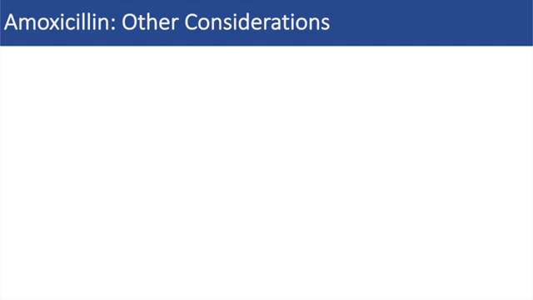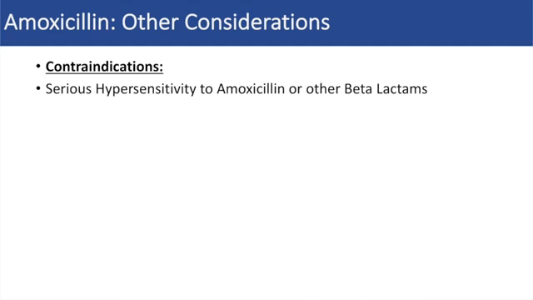So if we have determined that a bacteria is sensitive to amoxicillin, are there any reasons why we wouldn't use amoxicillin? What are some of the contraindications of amoxicillin use? Well, one of the main reasons we wouldn't use amoxicillin is that the patient has exhibited a previous history of a serious hypersensitivity to amoxicillin or other beta-lactams.